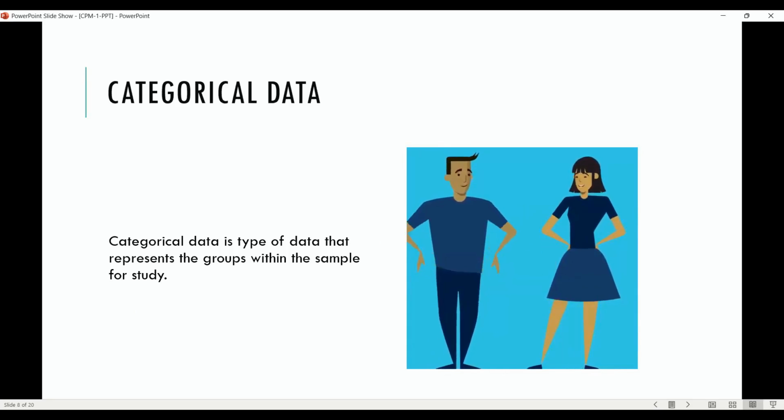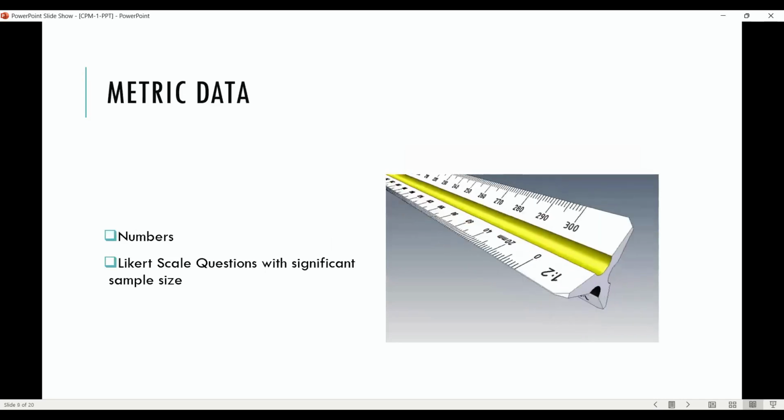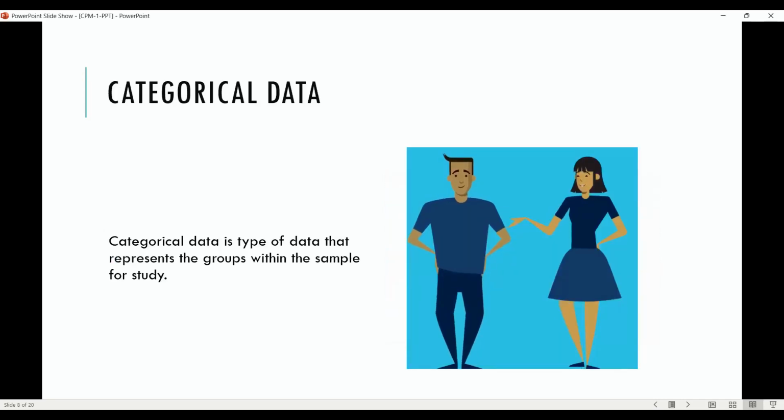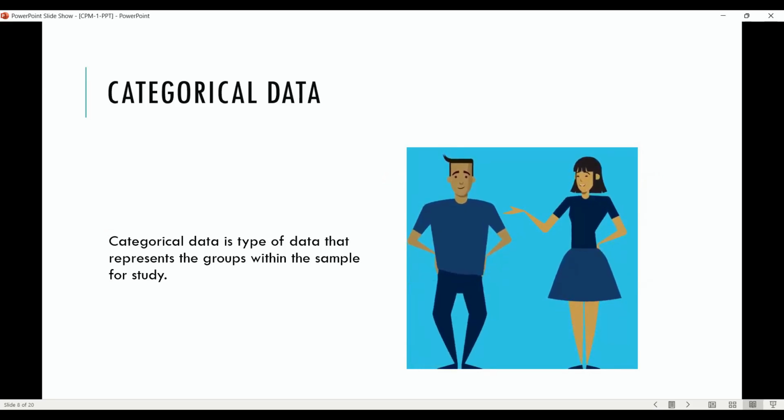But in reality, there are only 2 different types of data. One is the categorical data, and second is the metric data. These are the 2 important data types with respect to statistics. Statistics does not know the other different types of data.